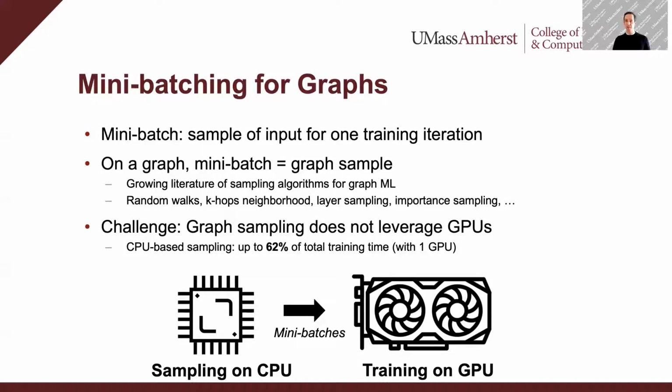The problem is that doing that makes sampling an important bottleneck. We have measured that it could take up to 62% of the total training time if we use one GPU, and if we have a node with multiple GPUs, the one CPU is going to become even more of a bottleneck.